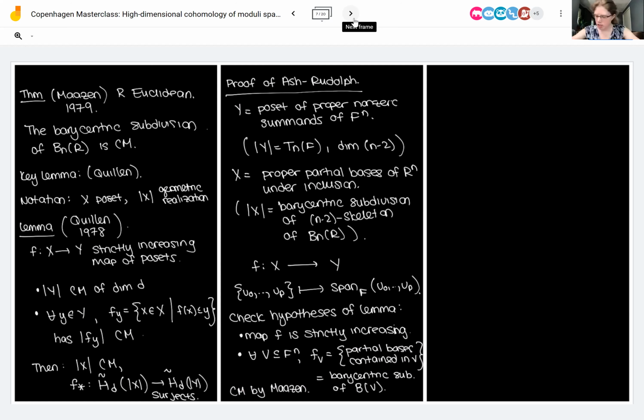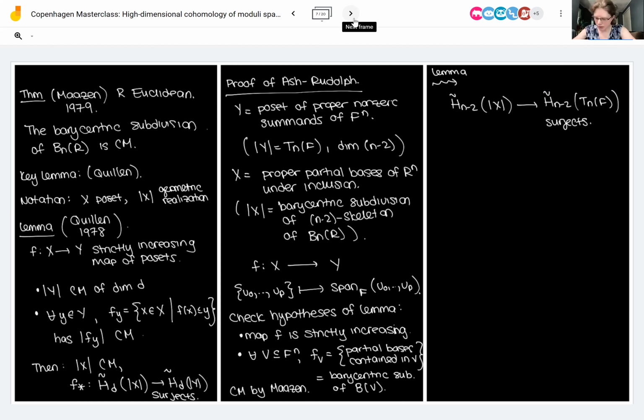Okay, golden. So we've checked the hypotheses of the lemma, and that means that Quillen's lemma now implies that we get this surjective map from the top homology of this n-2 skeleton of our partial basis complex to the top homology of the Tits building.